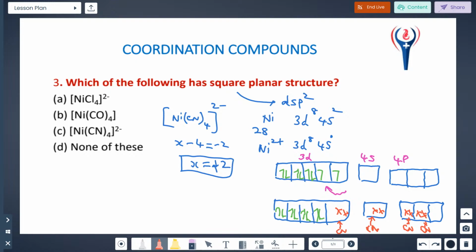From this only we can decide the hybridization. See, this pair is present, it is giving electrons to which orbital? You know d, no? D orbital. So d. Now it has given electrons to the s orbital.